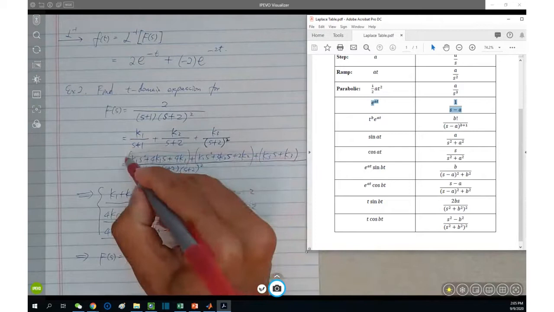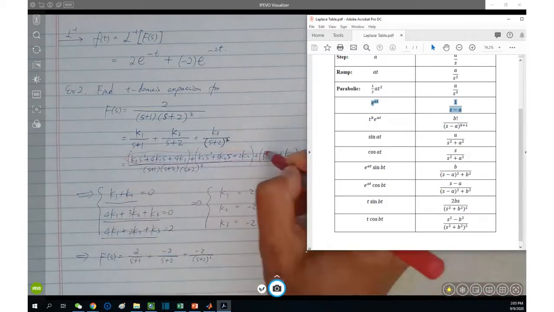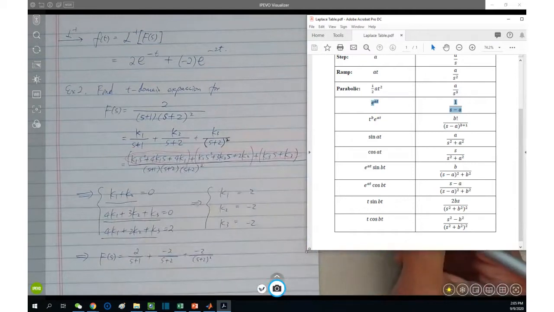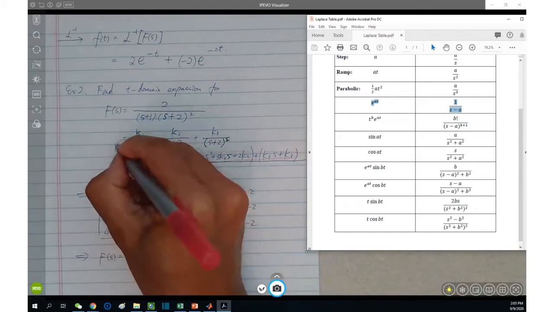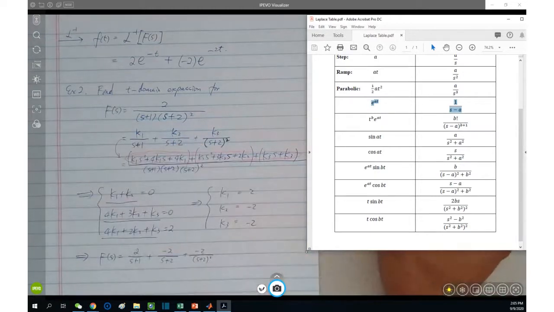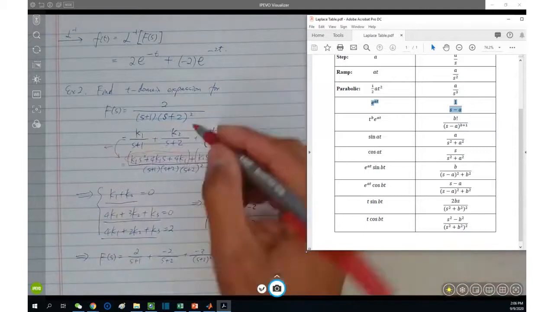Is this one okay? Honestly, I was trying to figure out how you came up with what you highlighted with the red. So from this step to here, how do we come up with this?